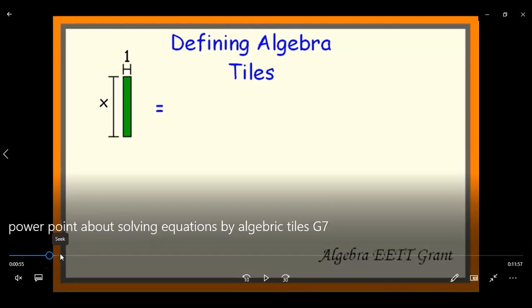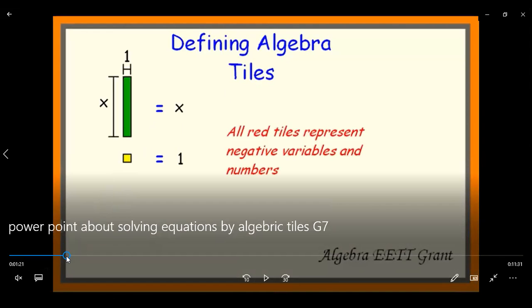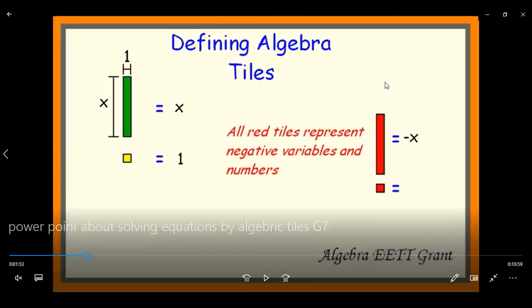A small square like this means you have only one. All red tiles will be the variable and the constant. Okay, so this is the beginning. We have to determine your key.